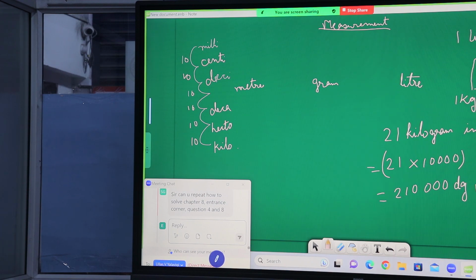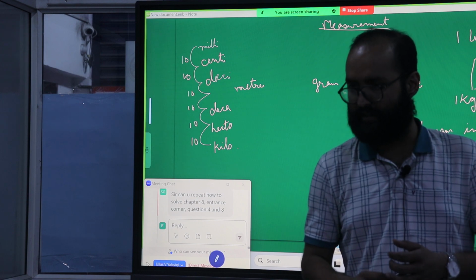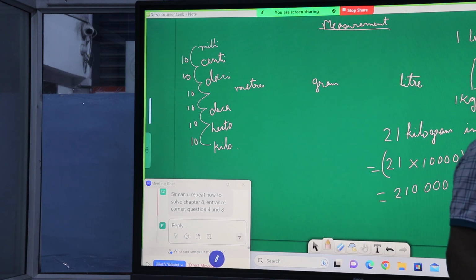And what is the relation? 1 liter equals 1000 cubic centimeter. But you also know that 1 liter is equal to 1000 milliliter. So 1 milliliter equals 1 cubic centimeter. Milliliter and cubic centimeter are the same. Clear? Yes, sir.